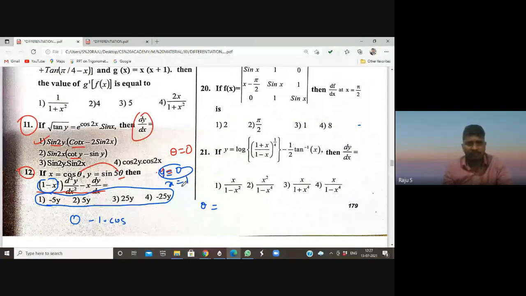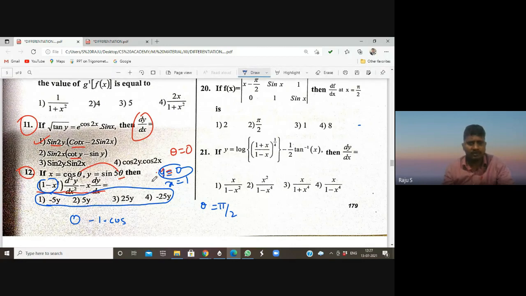You may take the theta value as 90. That's your wish. Otherwise, you can take theta as 30, 0, 90; any value you can take.